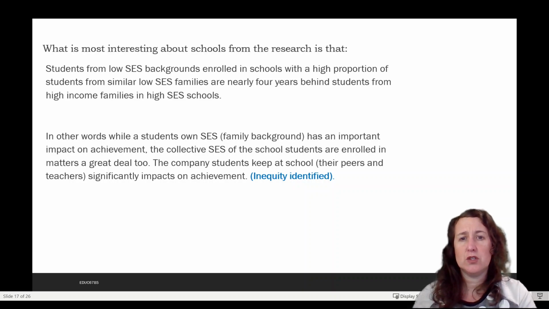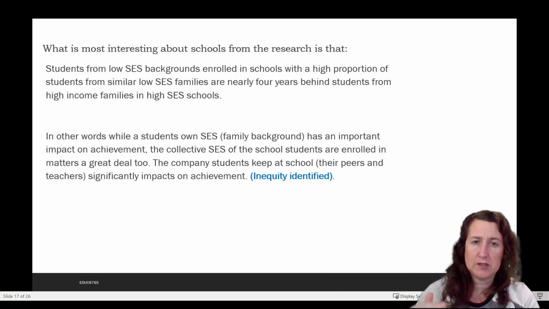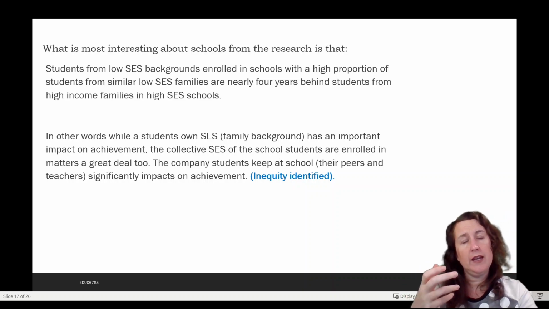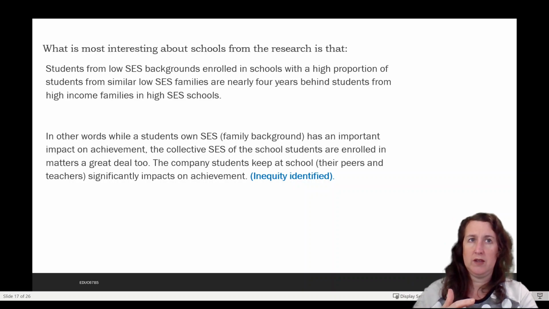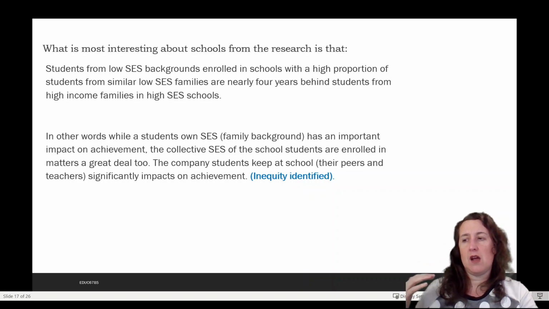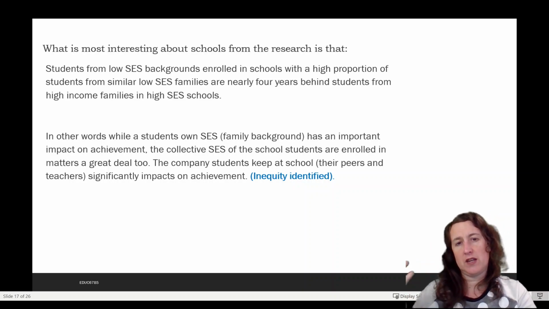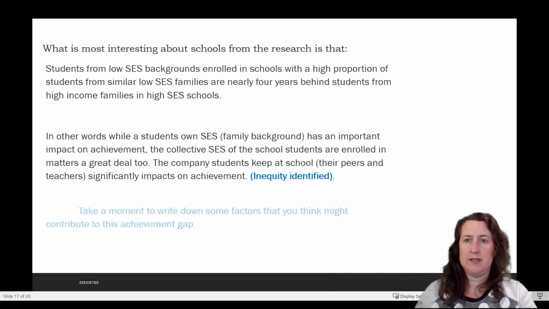The company students keep at school, their peers and their teachers, significantly impacts on educational achievement. So we can see here that we've identified an inequity, that it really matters the collective socioeconomic status of a school where students are sent.